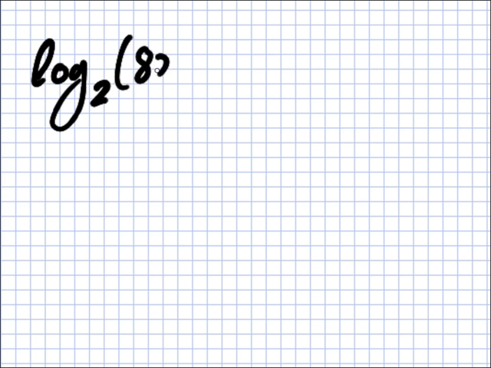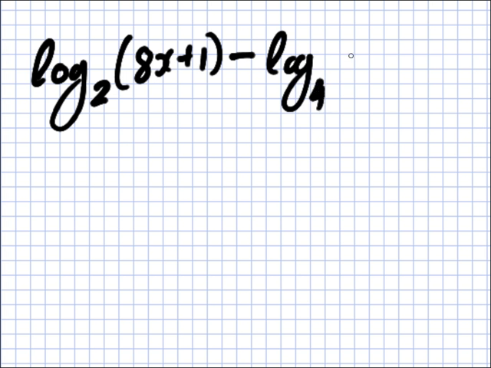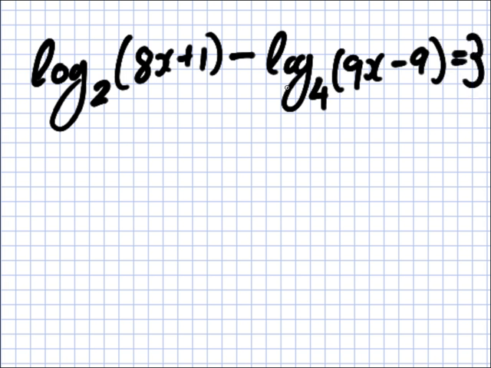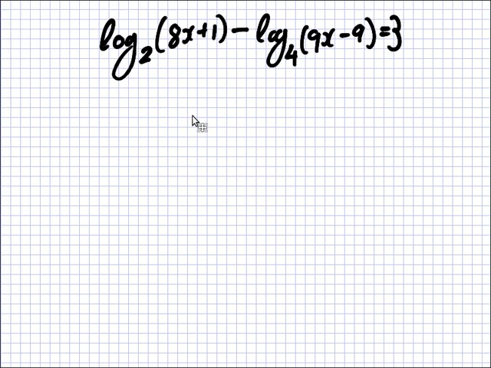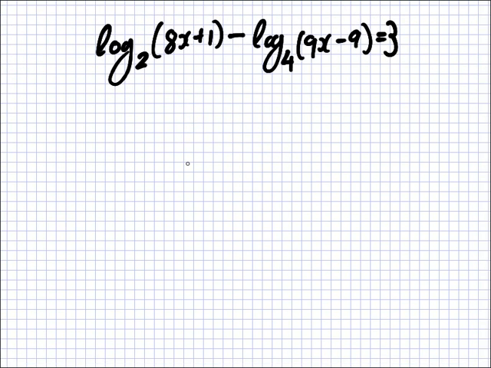What have we got? Log base 2 of 8x plus 1, minus log base 4 of 9x minus 9, equals 3. Okay.